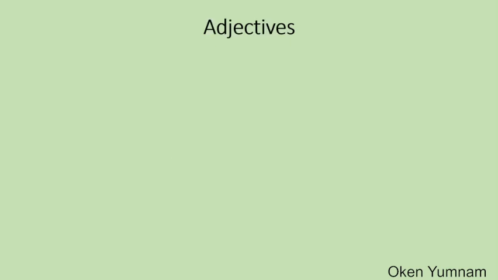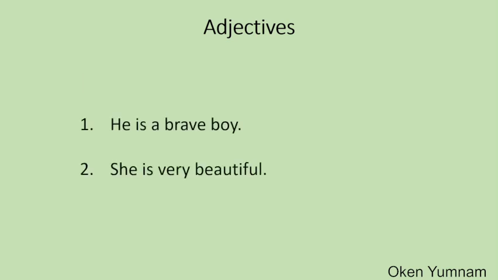And coming to adjectives, what are adjectives and what do they do? Adjectives are words that give us more information about a noun. Let's see the sentences here. Number 1, he is a brave boy. Here, brave tells us more about boy, which is a noun. So adjectives give us more information about a noun.